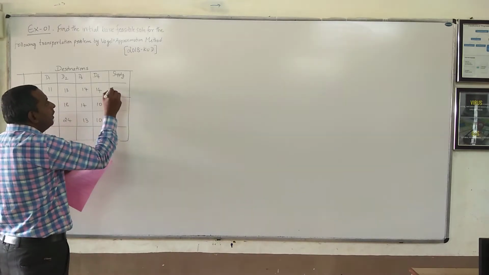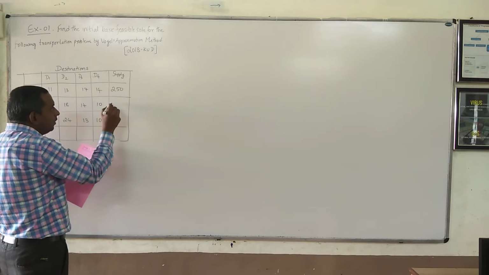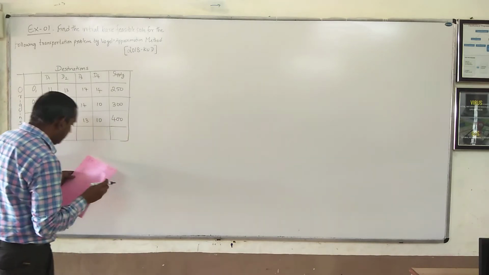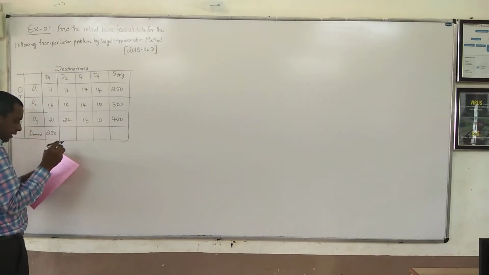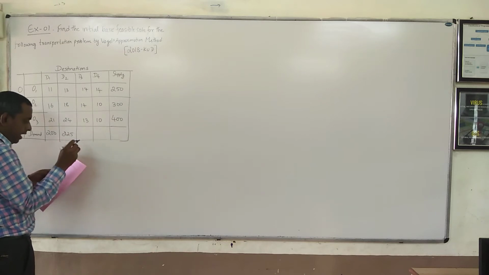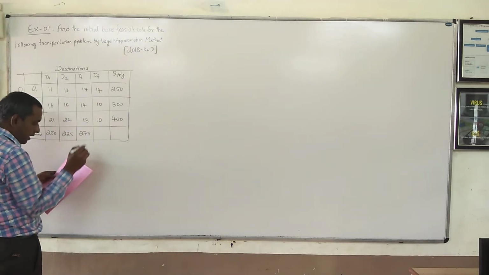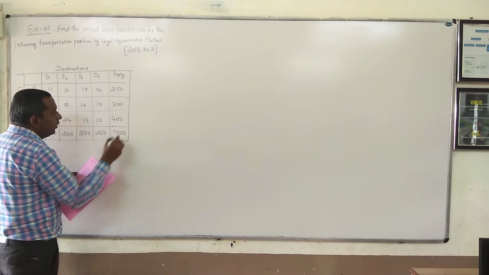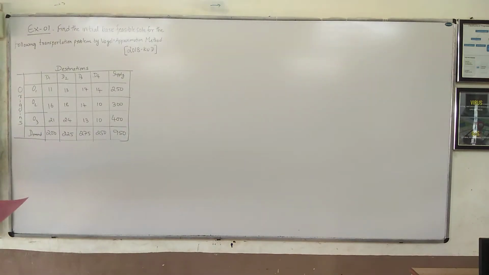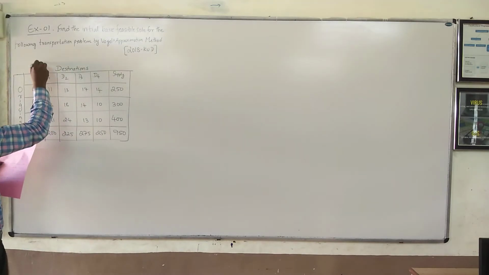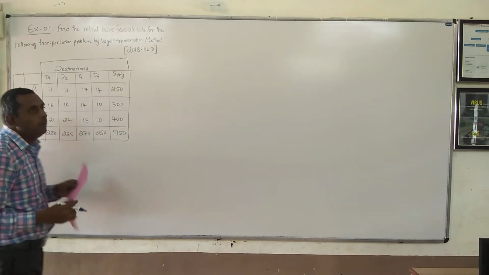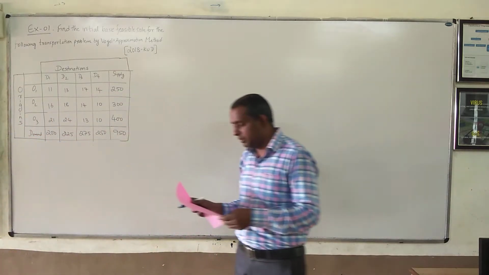The supply values are 250, 300, 400, and the demand values are 200, 225, 275, 250, total 950. This is how it is exactly given in the examination.